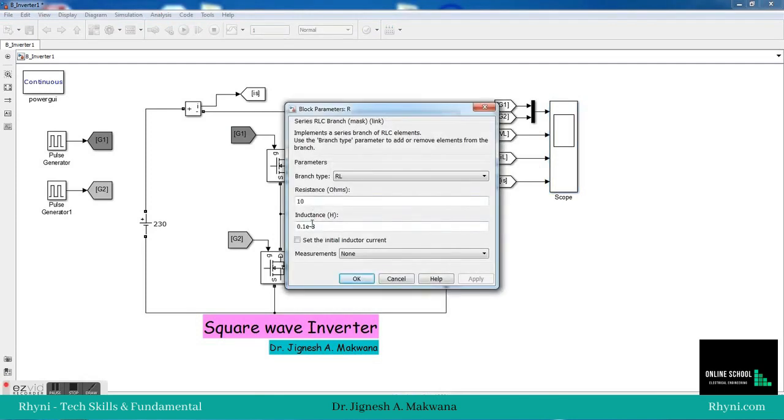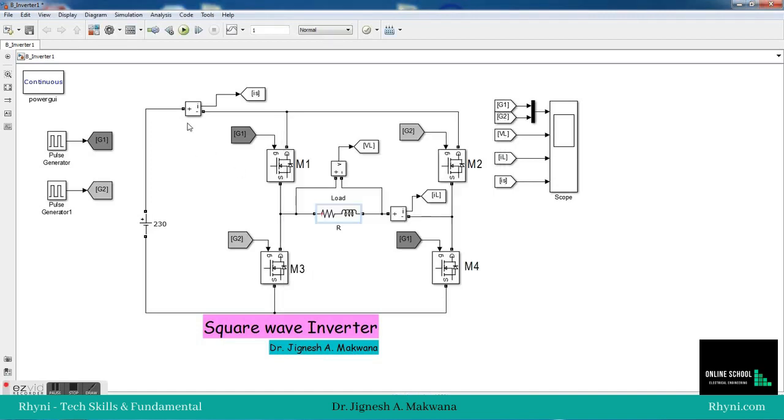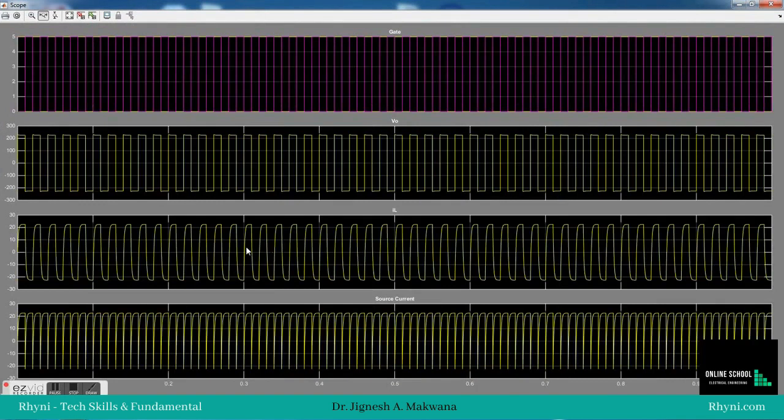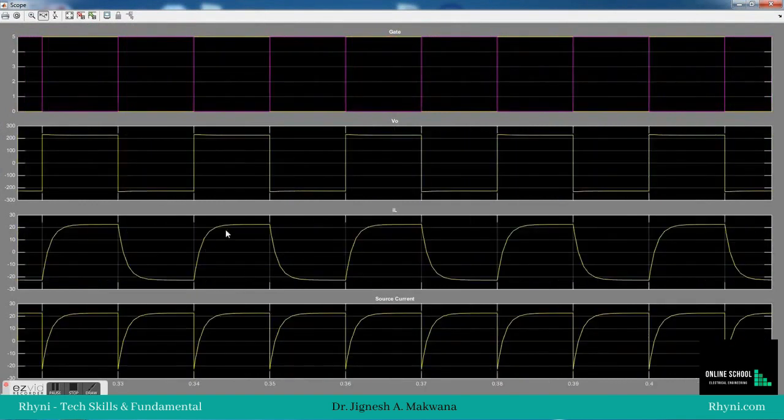Further, we can check the effect of inductance by increasing it to a larger value. Let's run it and have a look at the inductance effect. You can see now the current shows the effect of higher inductance, and it will look like this.